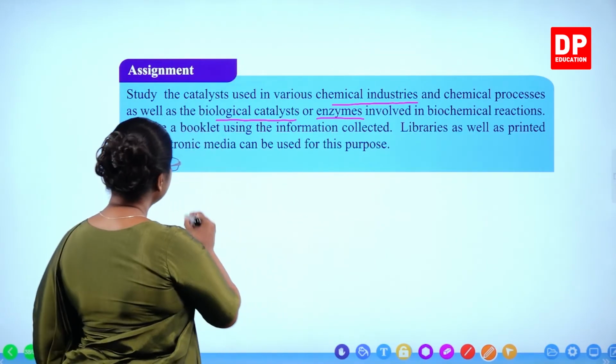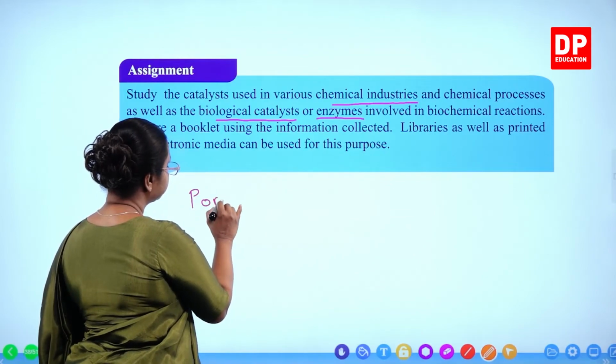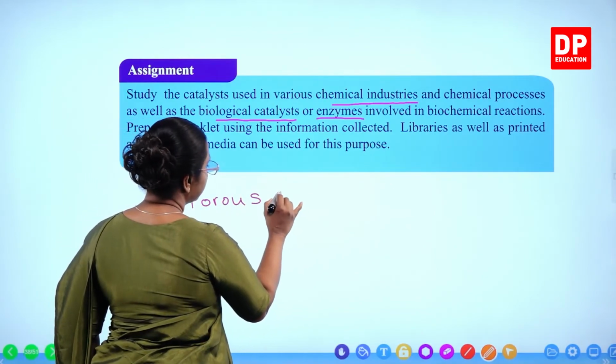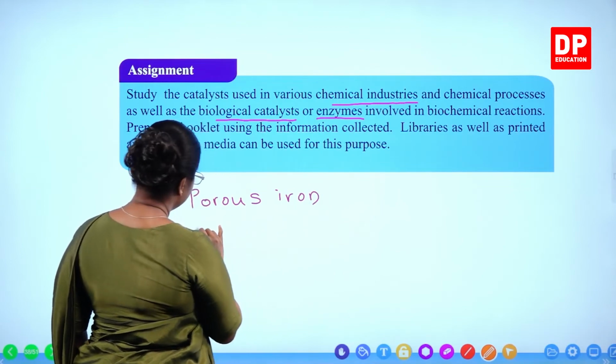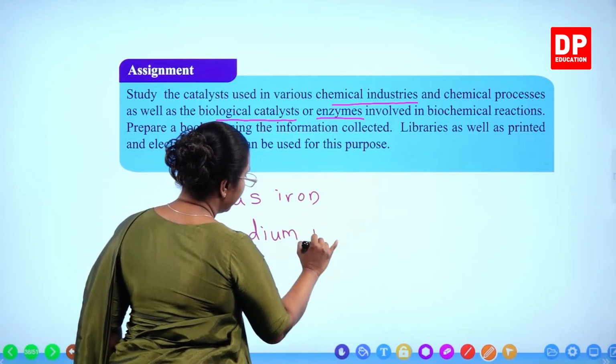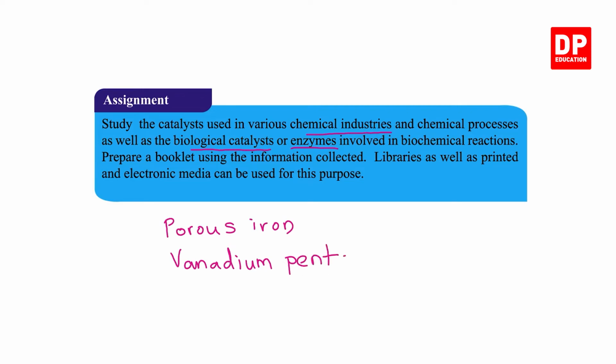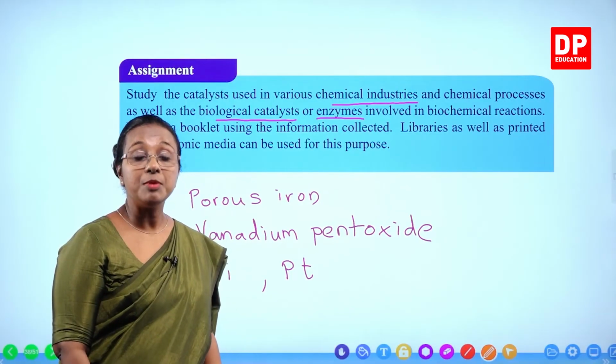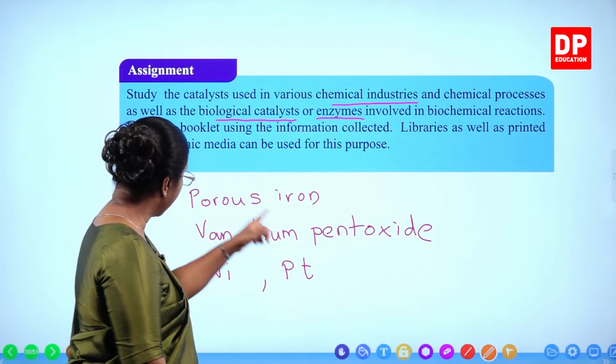You can remember porous iron, then there was vanadium pentoxide, then there was nickel, then there was platinum. Porous iron for the Haber process of manufacture of ammonia.